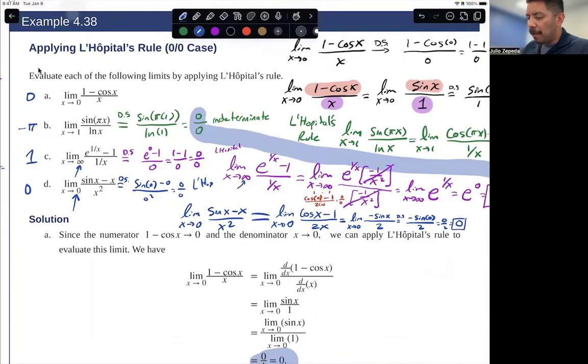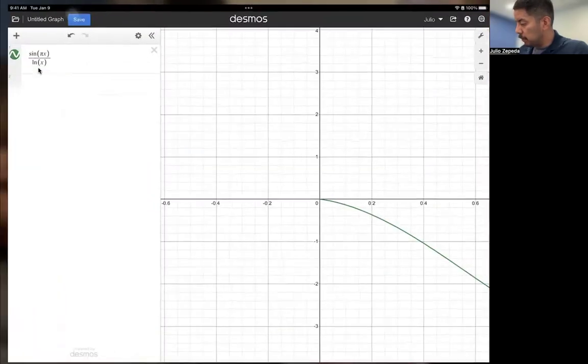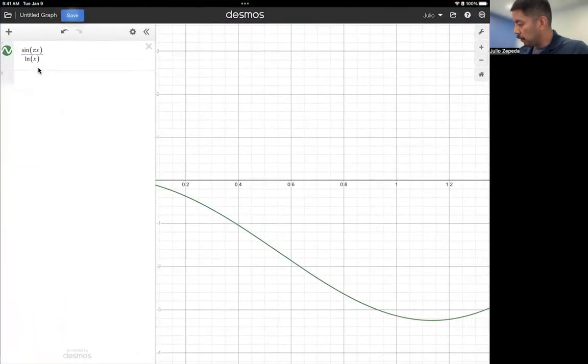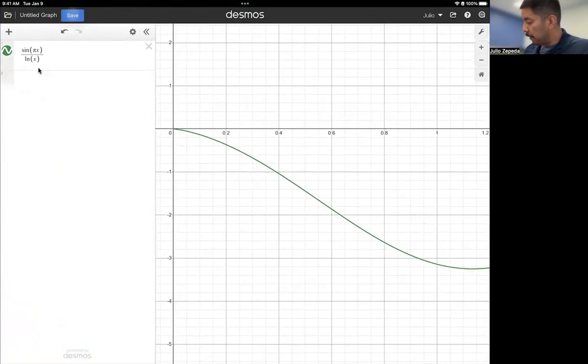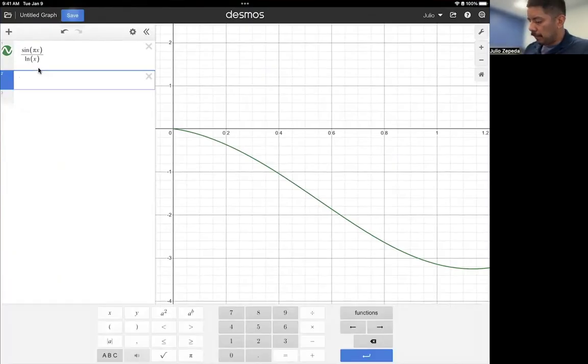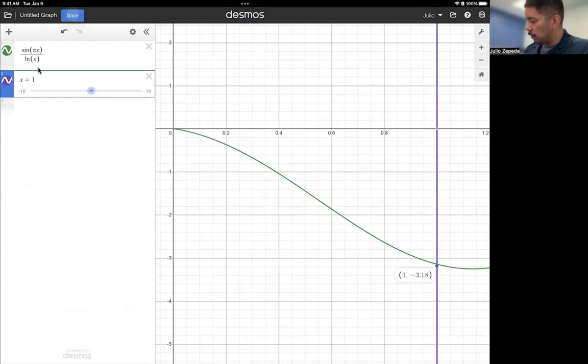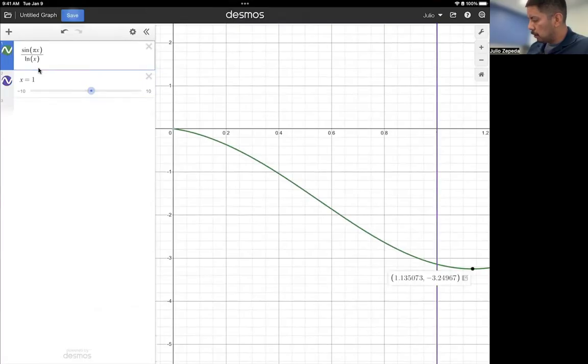Oh wait. We're looking at the limit as x approaches 1 though. So oops, let's go to 1. What's the y value approaching? Something a little bit less than 3. If we graph x equals 1 and see where these two intersect, it doesn't show me the point of intersection, but you can see it's approximately 1.